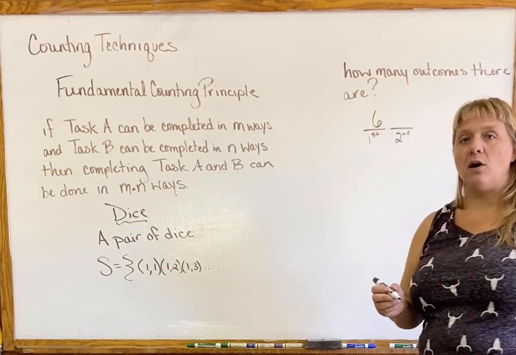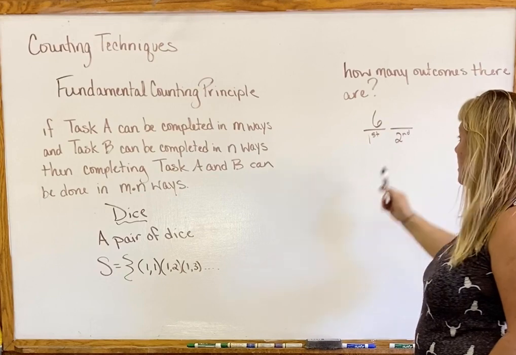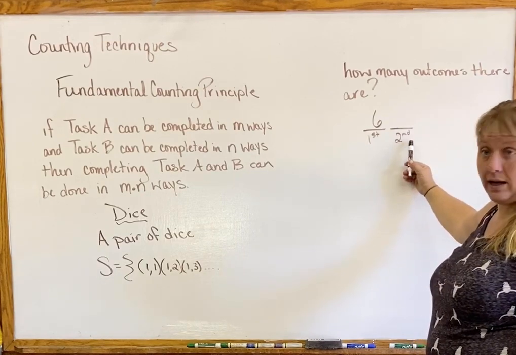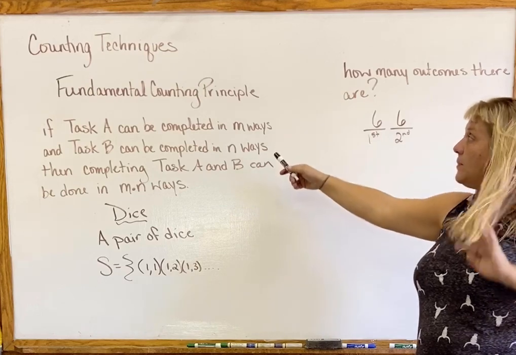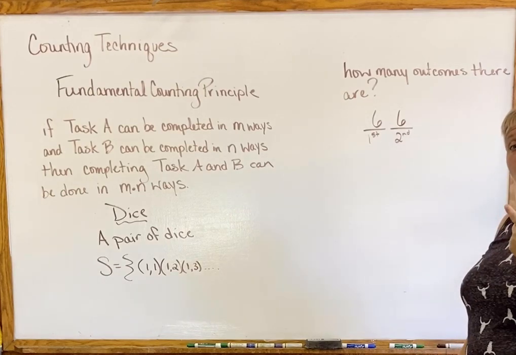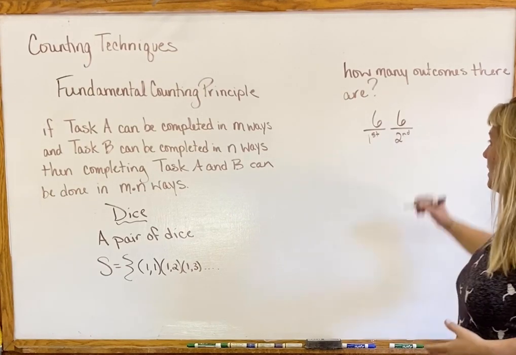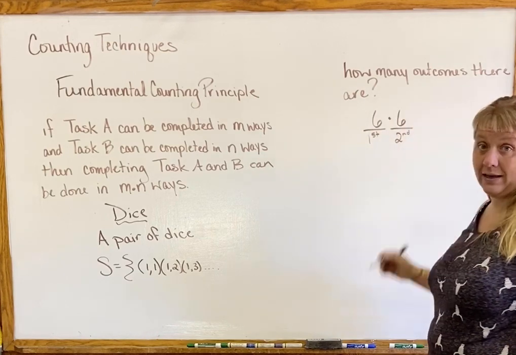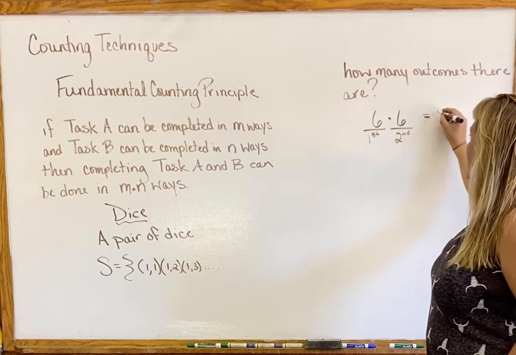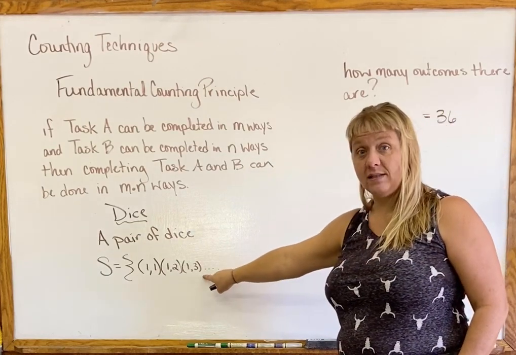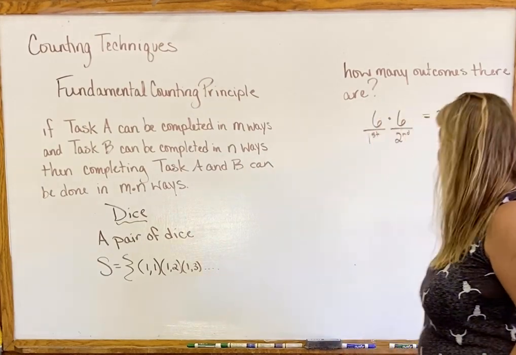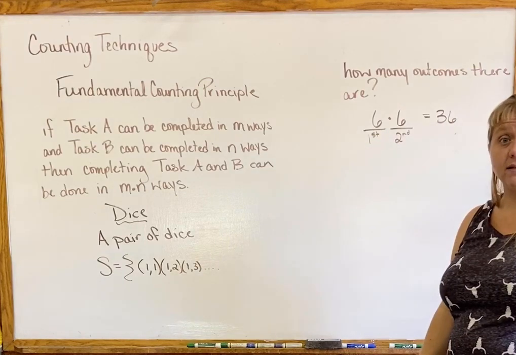So there are 6 different options for that first one. And then there are, again, 6 different options from this one. Now, from the fundamental counting principle, or if you just heard I said and then, it means we're going to multiply these, not add them. So there are 36 different arrangements of the dice when you throw a pair of dice.